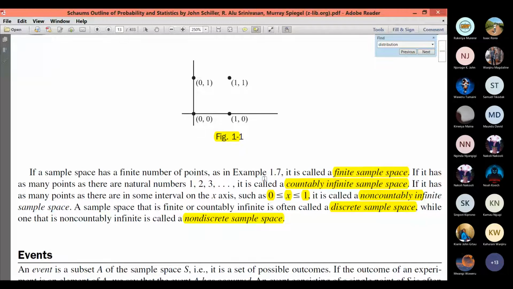Then there is something called uncountably infinite. Uncountably infinite is something like what I told you. If you want to take the weight of all Kenyans or all people on the planet, and you have an instrument which can measure accurately up to 10 decimal places, then you can be sure that even between a certain weight, like 50 and 51 kilograms, you can get so many millions of people in there if you're counting across the globe.